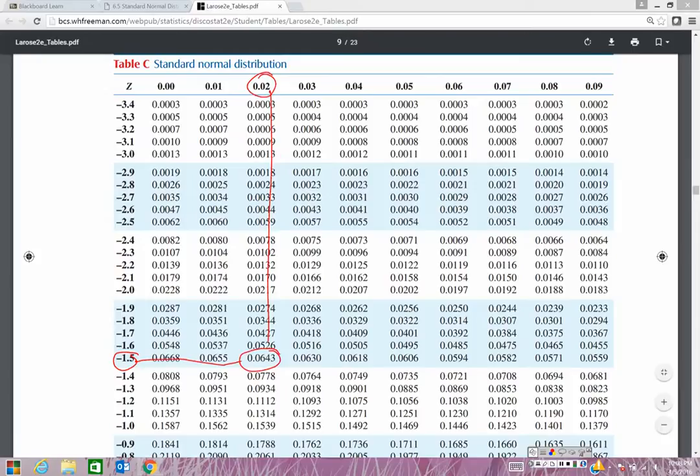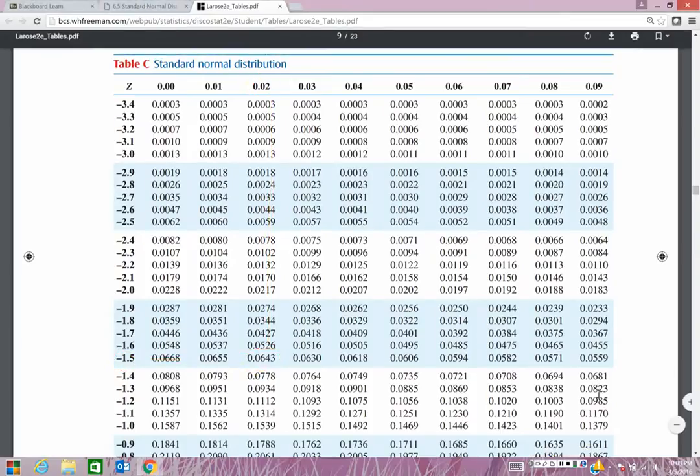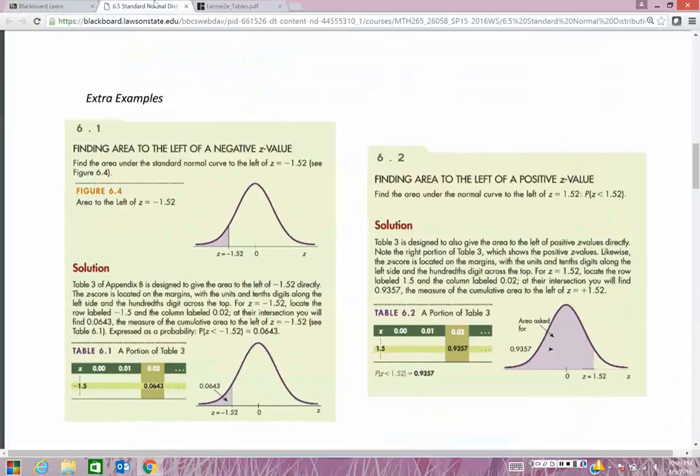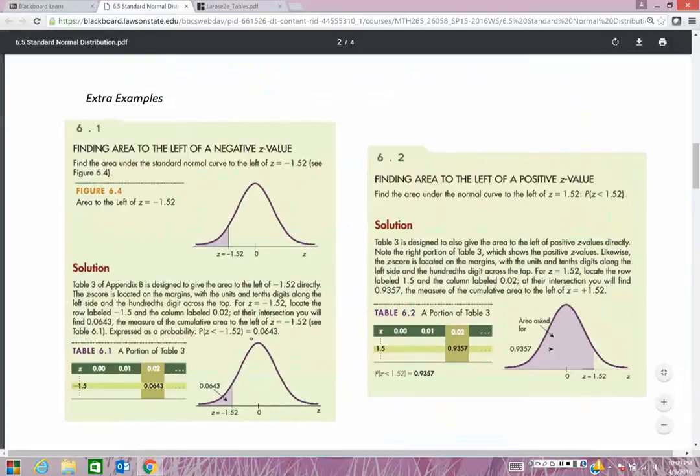So the area to the left would be 0.0643. Let's see if we're right. So here it tells us 0.0643 is correct. Alright, so this area, if you change this as a percent, what percent of this bell curve is shaded? Well, if you move this decimal 2 places to the right, about 6.43% is shaded.